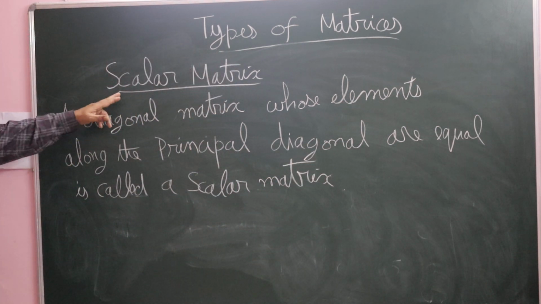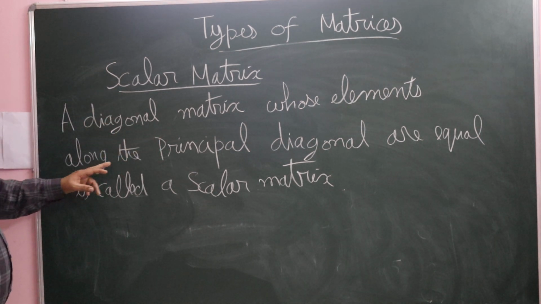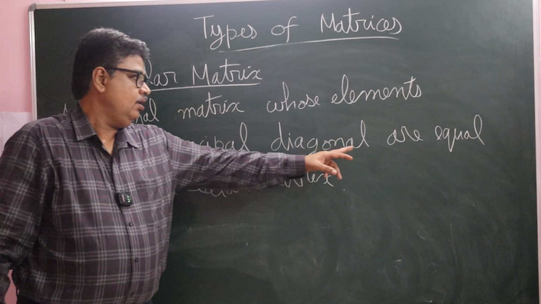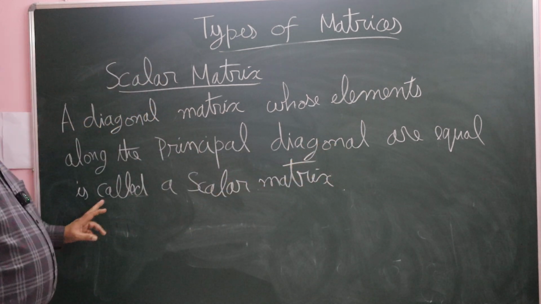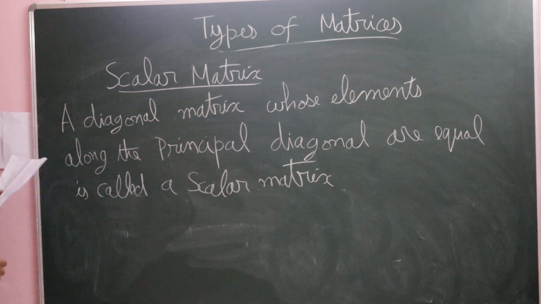Scalar matrix. A diagonal matrix whose elements along the principal diagonal are equal is called a scalar matrix. So, an example for a scalar matrix.